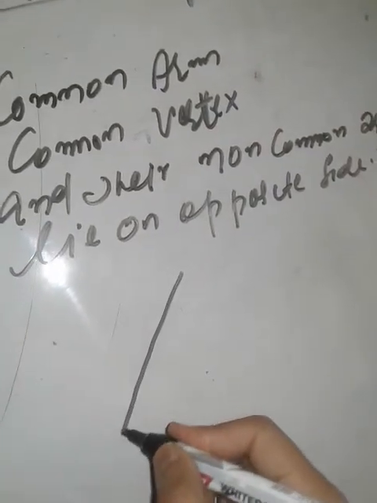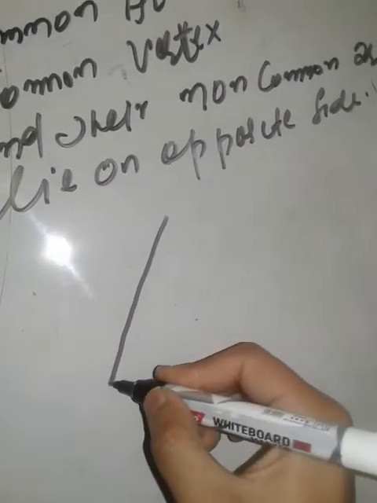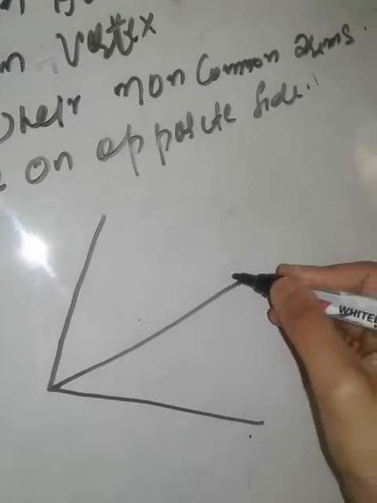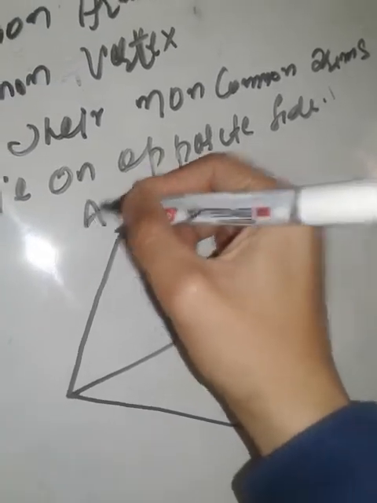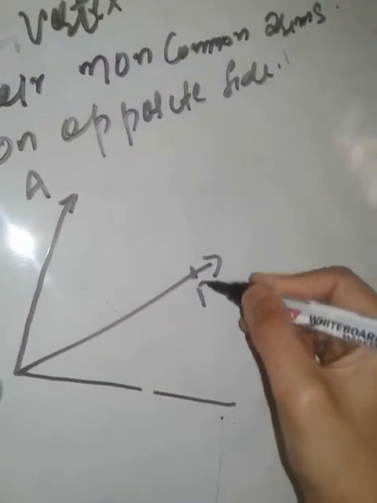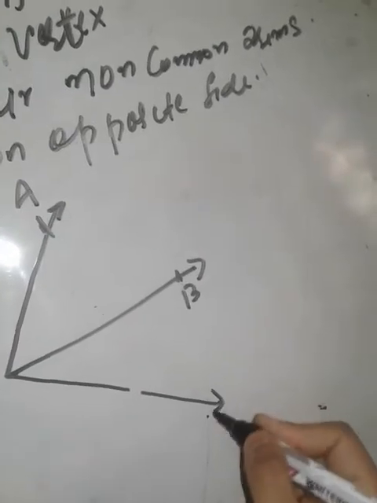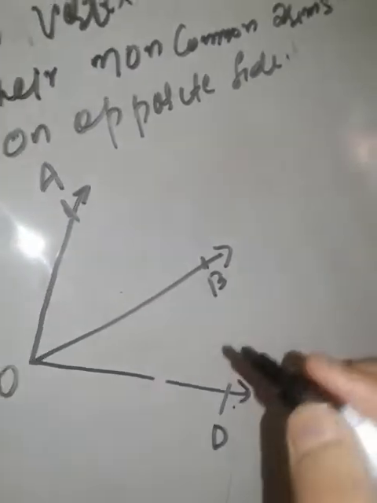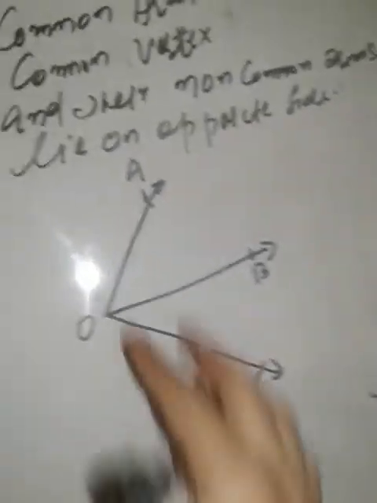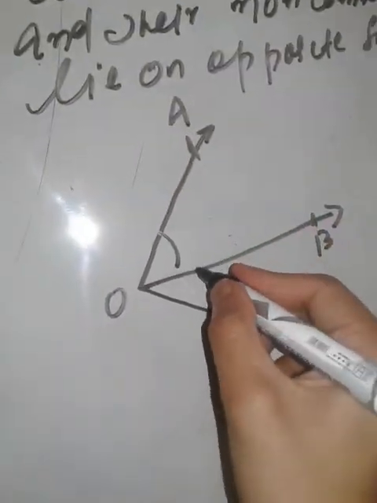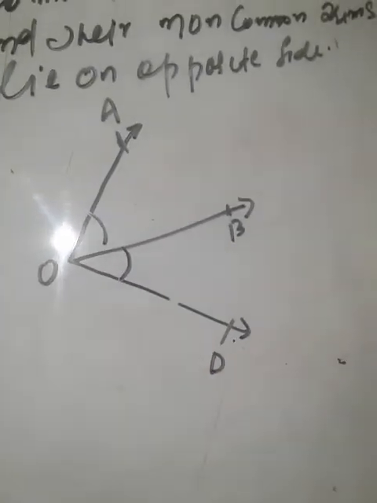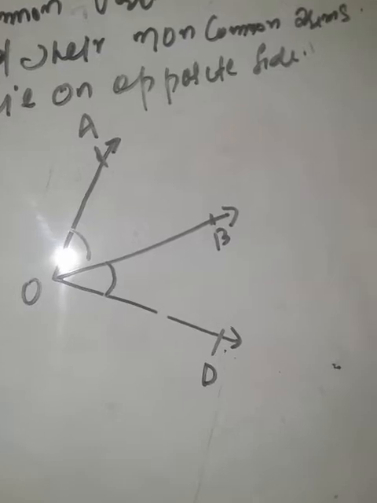For example, if we have angles in this format, take a look. This is A, O, this here is B, this is D, suppose. Now this pair of angles, this angle and this angle, are adjacent angles by definition. What is the definition?